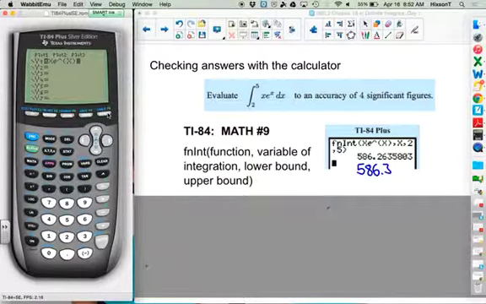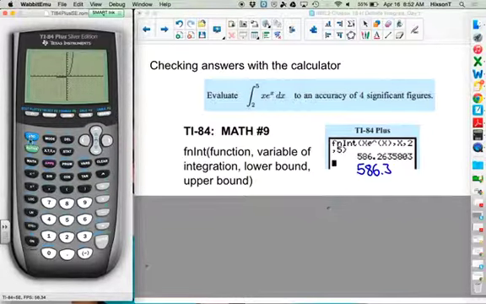Now make sure that your interval is within your window. We're doing the interval from 2 to 5, so I'm going to hit zoom and make sure it's set at zoom standard because that'll be sure to include my interval. It doesn't have to be totally on the screen.